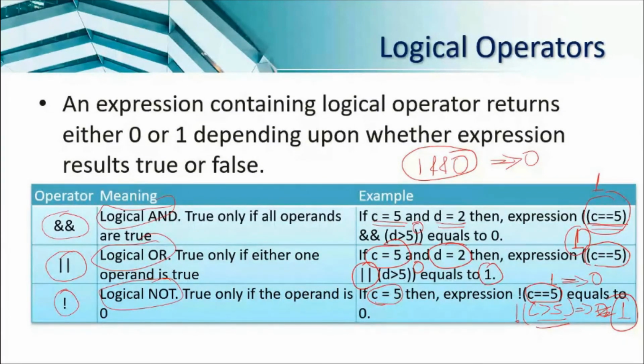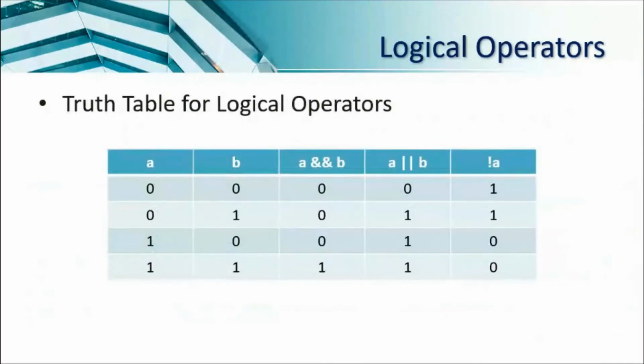There is a truth table associated with the logical operators, depending on how the two operands work. We consider two operands A and B, which can also be expressions that give the values 0 and 1.